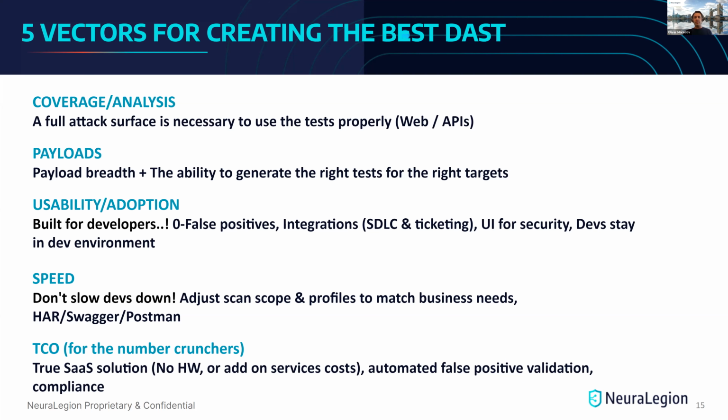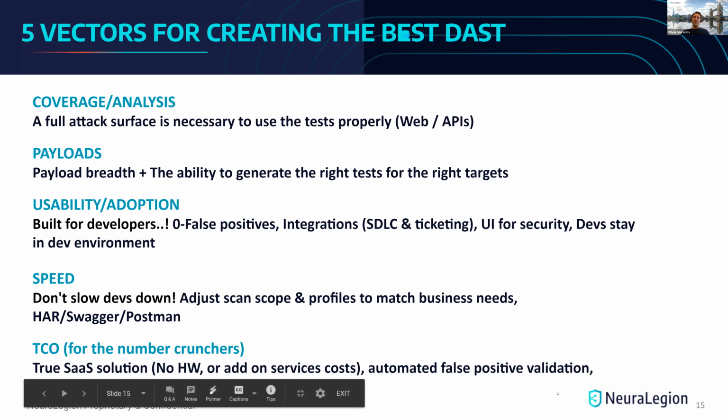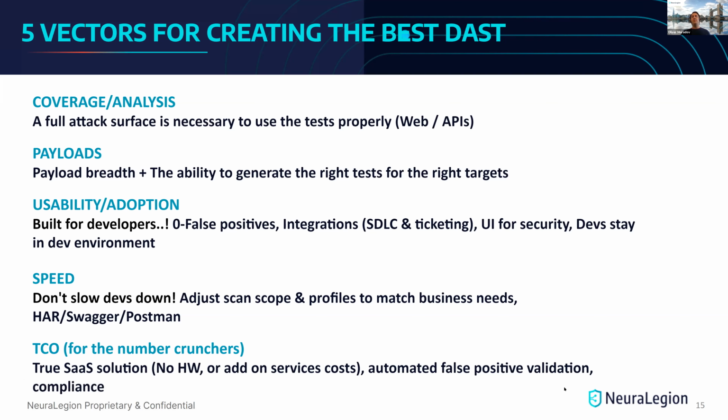Your QA, for example, may be generating HAR files with QA automation tools like Selenium or indeed Cypress.io, amongst others. And we can also consume your Swagger and Postman collections in the form of a JSON or indeed YAML file format. So we've made everything very, very easy for developers to remain within their environment and to leverage multiple different tools that you're already using in order to generate these scans.